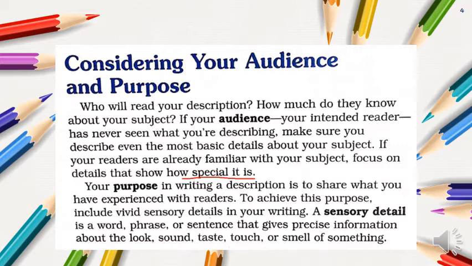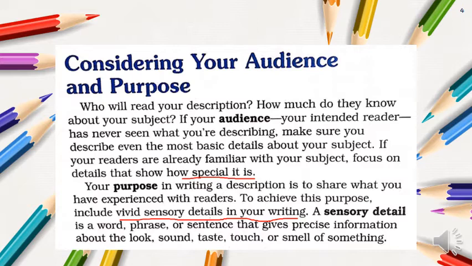To achieve this purpose, include vivid sensory details in your writing. This is what we were talking about last session, that you have to use your five senses and give clear sensory details about the scene or the food or the person or the place or whatever you're describing.